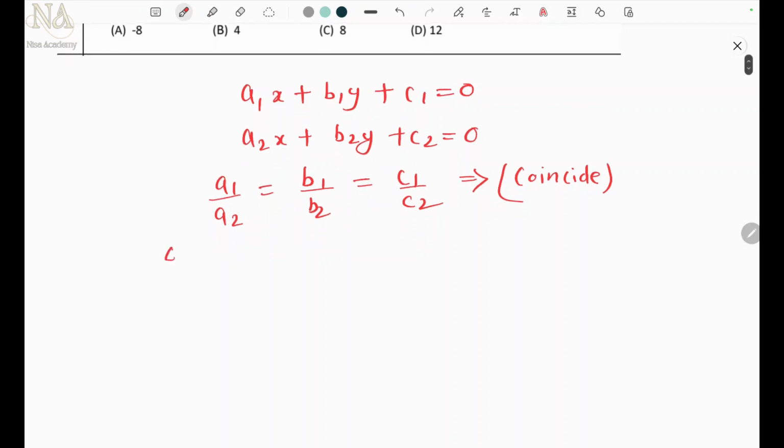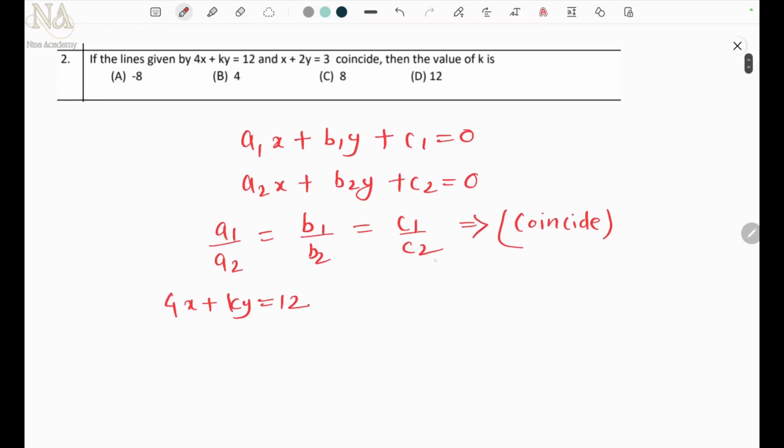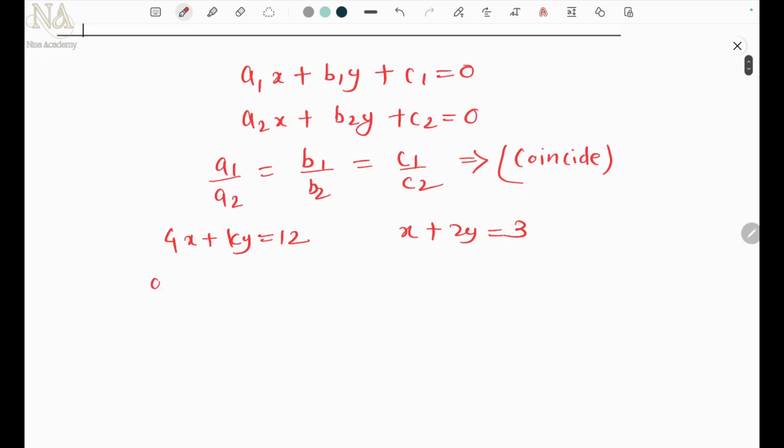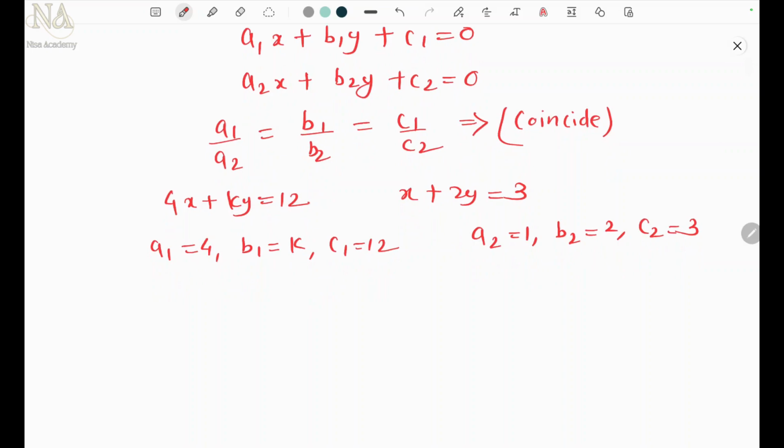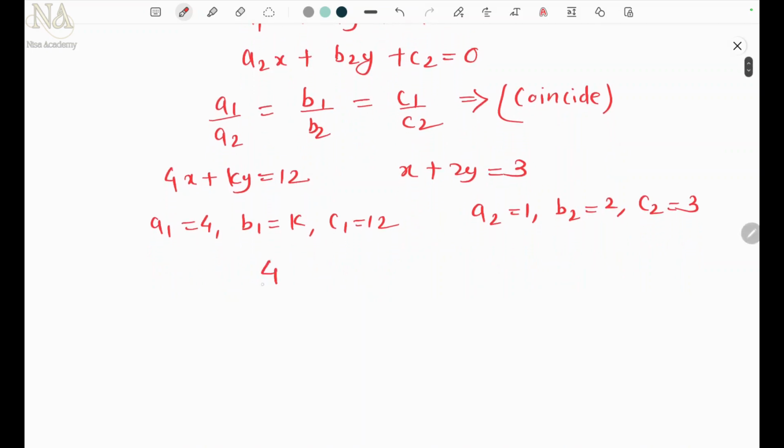So let's write the equations. 4x plus ky equal to 12 and x plus 2y equal to 3. Let's compare. a1 is 4, b1 is k, c1 is 12. Here a2 is 1, b2 is 2, c2 is 3. I guess we only need a1, a2, b1, b2, so we can find the value of k. a1 is 4, a2 is 1, b1 is k, b2 is 2.